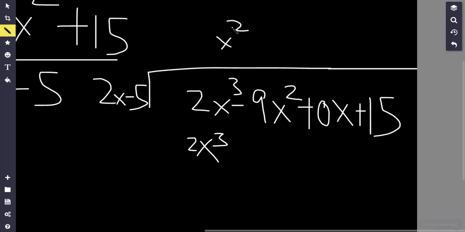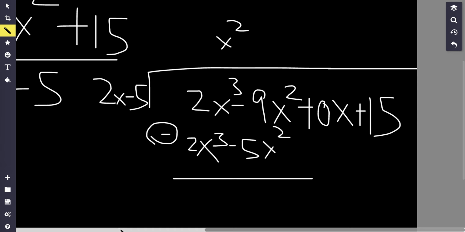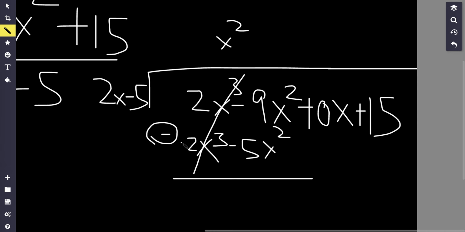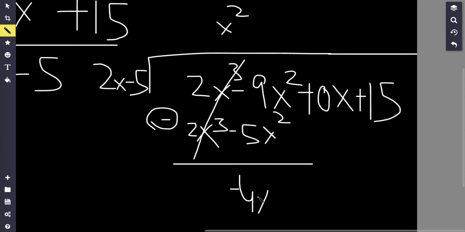And x squared times negative 5 is going to be negative 5x squared. I'm going to subtract these two terms. These two terms cancel out because they're the same. And negative 9x squared minus negative 5x squared, so two negatives make a positive. So it's like negative 9x squared plus 5x squared, which is negative 4x squared.